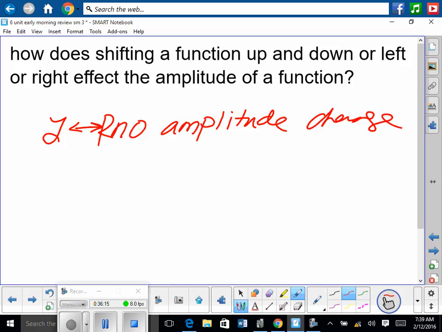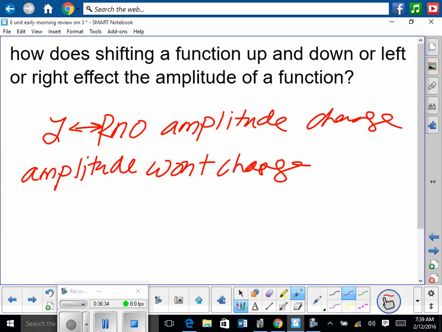We'll be pretty specific. Okay, so then shifting up and down, the amplitude still will stay the same, right? But it'll fall in between different intervals, right? But the amplitude doesn't change. So maybe say that: amplitude won't change.